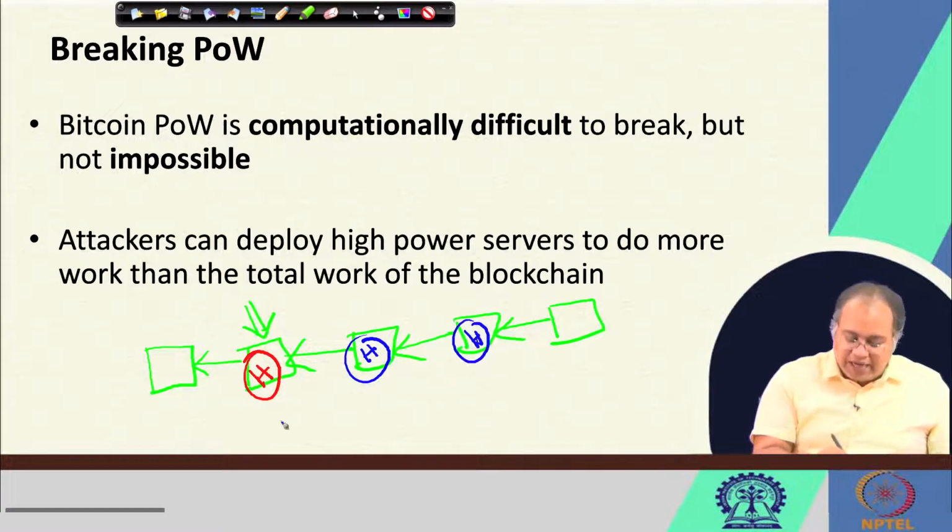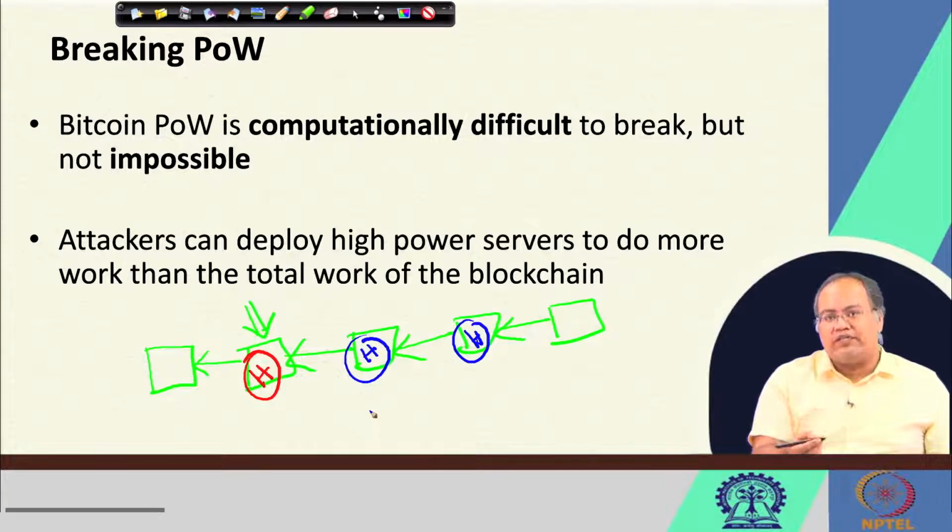Changing the hash basically means you need to find a new nonce, and finding a new nonce, as we have seen earlier, is a computationally difficult task.